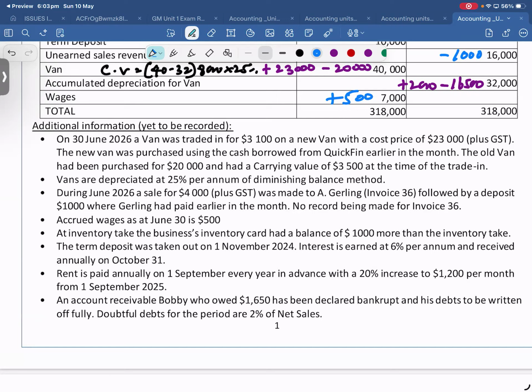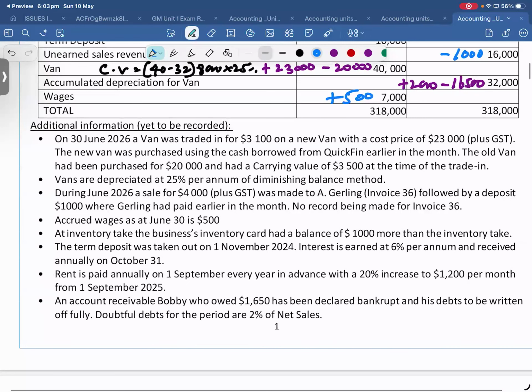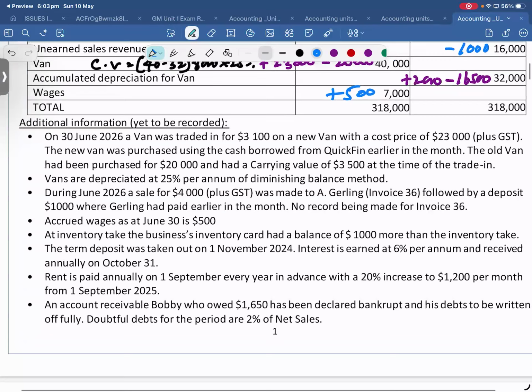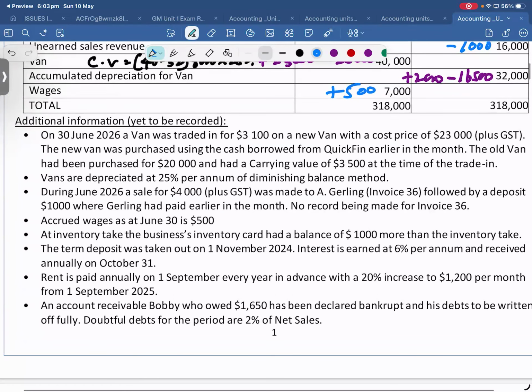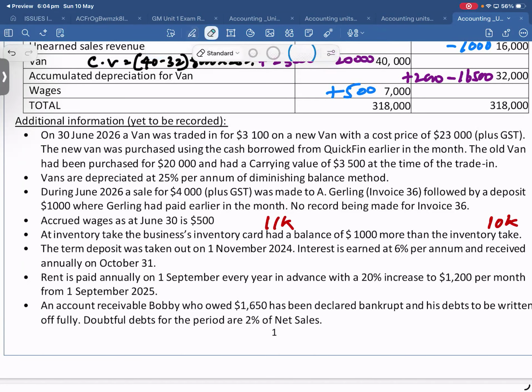For example, let's say inventory take was 10K and inventory card is 11K. So what is it, inventory loss or a gain? Inventory loss, correct. Inventory card is greater means inventory take is lower, meaning a loss of 1,000.